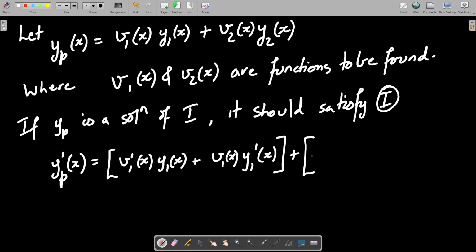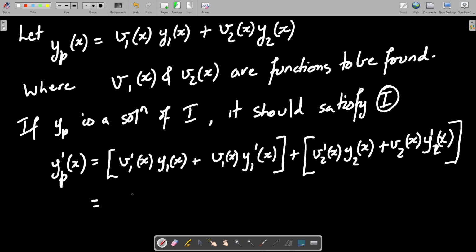The same thing repeats with the second term: v2 prime of x multiplied by y2 of x, and keep v2 as it is, times the derivative of y2.